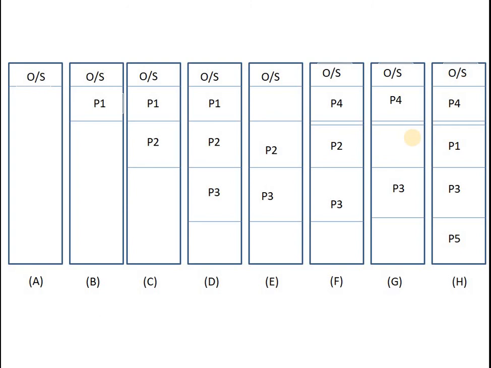Therefore, both processes are loaded in memory, which is shown in figure H, that is P1 and P5. Initially, there were only 2 partitions and dynamically 6 partitions have been created as illustrated.